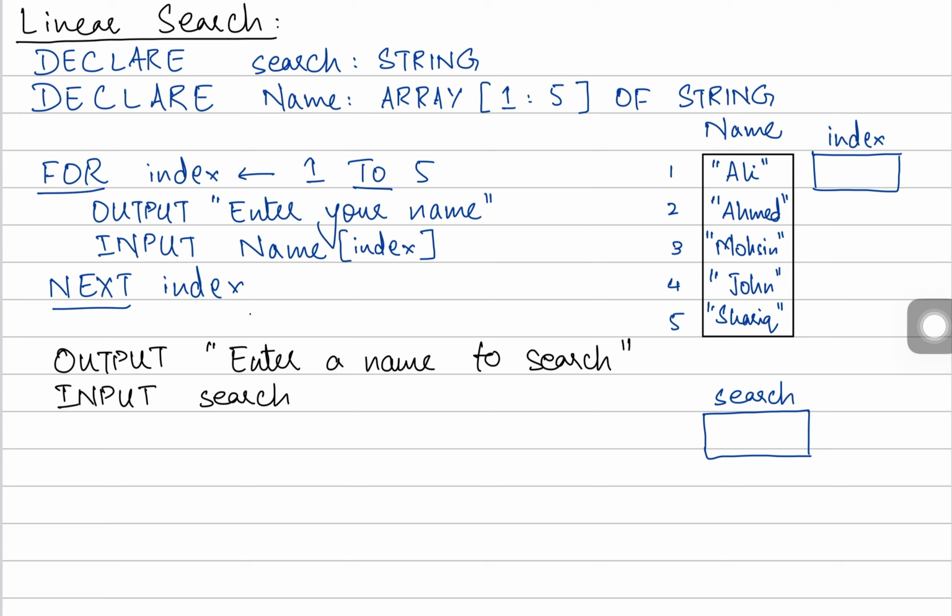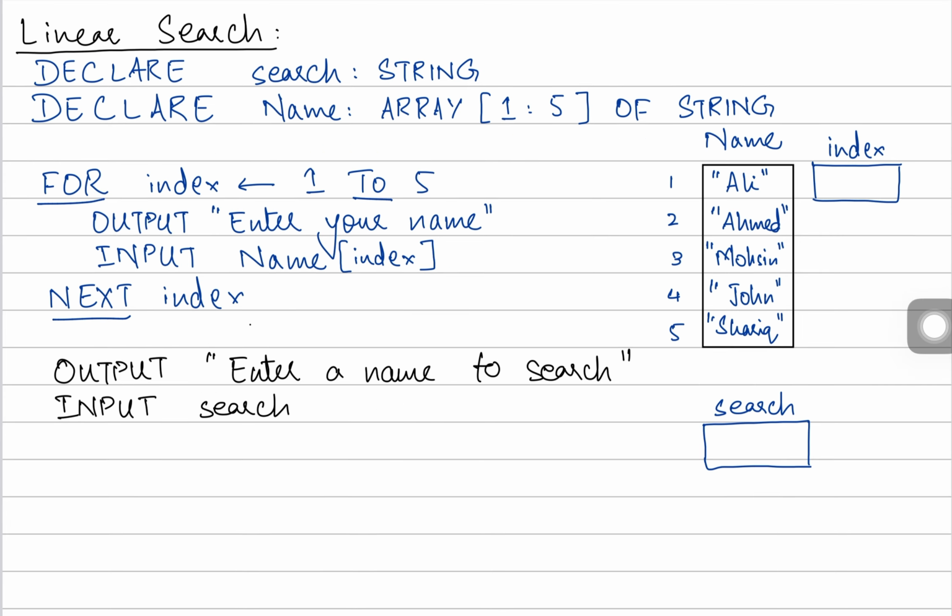When I say 1 to 5, it means that this code is going to run 5 times. Inside the loop, it says enter your name, and in the next line it says input name index. What you see is index, but if you look at this box of index on your right, the first value of index that will be assigned will be 1.